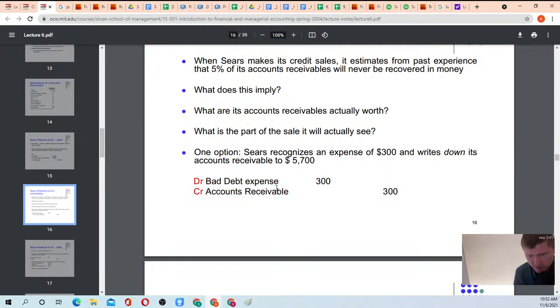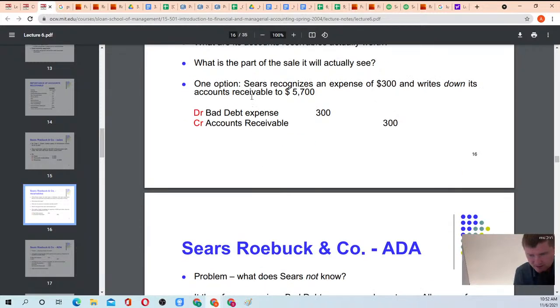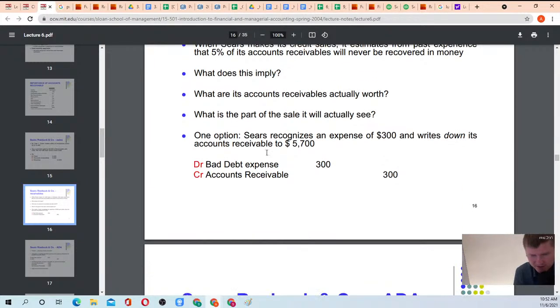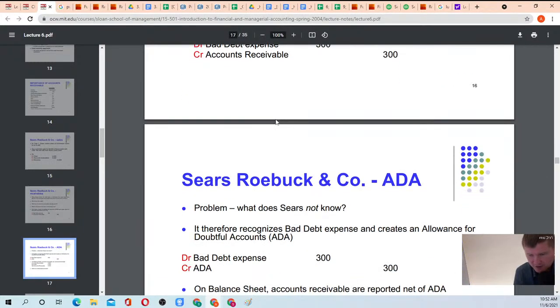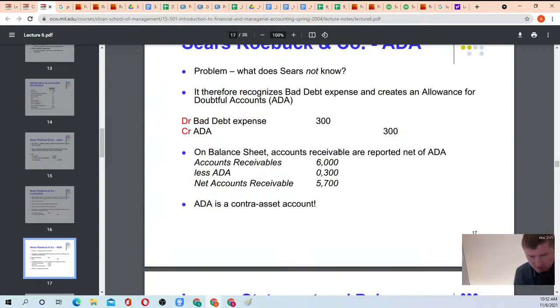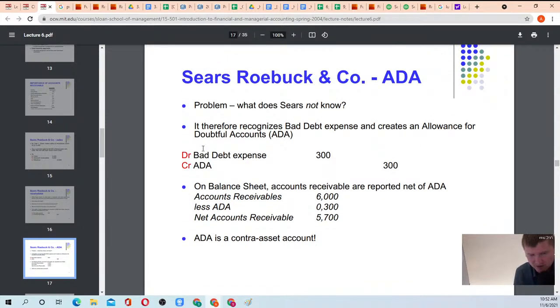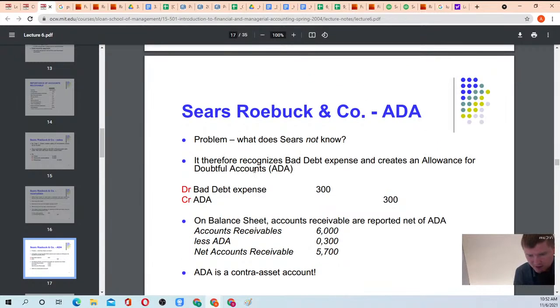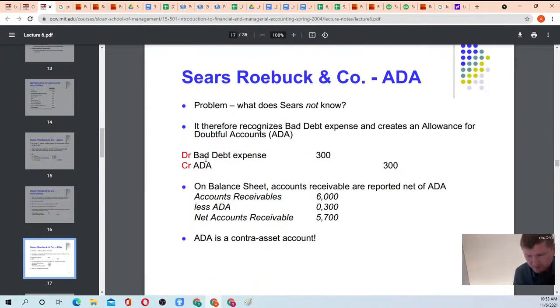And that will be our debit bad debt expense, credit accounts receivable. That's a direct write-off. Net of allowance for doubtful accounts. Yeah, so we debit bad debts expense and recognize credit in the allowance.